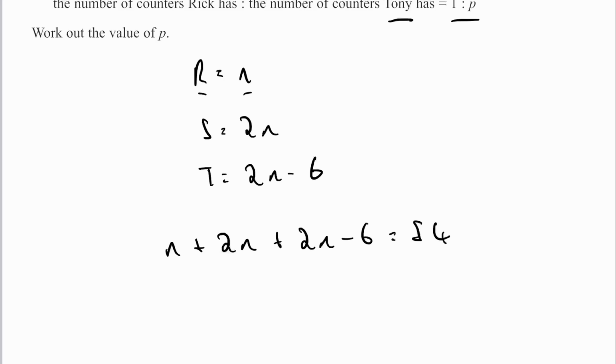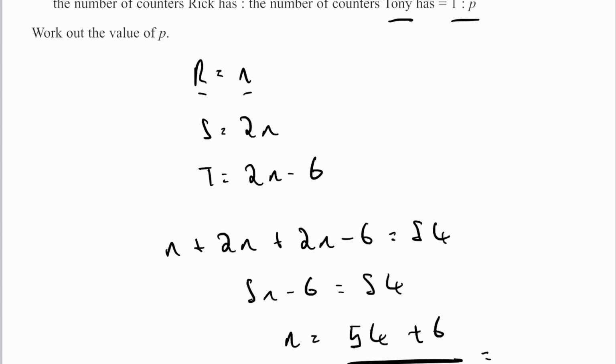So if we collect the like terms, we've got 2n plus 2n, that's 4n, plus another n is 5n. So 5n minus 6 equals 54. And therefore, n is going to be equal to 54 plus the 6 divided by 5. And you should get that n is equal to 60 over 5, which is going to give you 12.